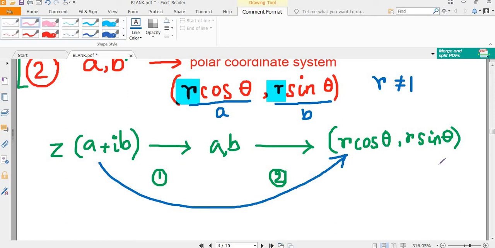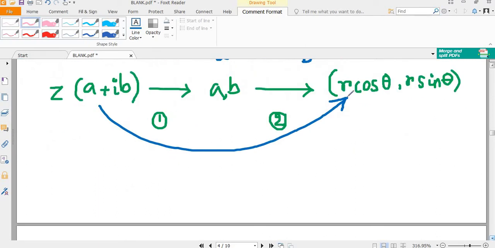Of course we can. We know that the first portion represents A, and this portion represents B. So r cos theta is A and r sin theta is B. So how can we write A plus iB? Z was initially A plus iB.